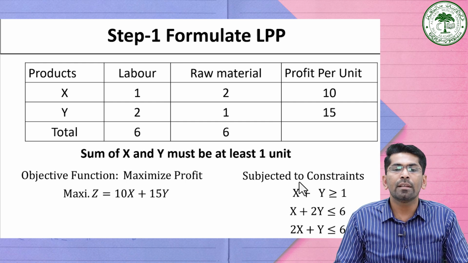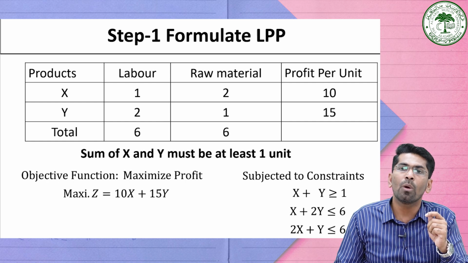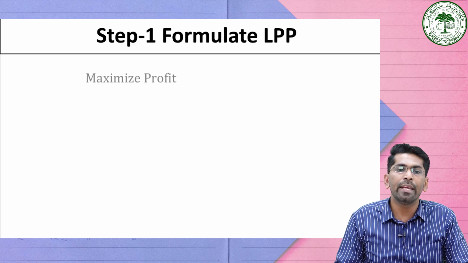Here in the constraints, we have both greater than or equal to and less than or equal to. That's why we say that the given problem is an example of a linear programming problem with mixed constraints. At the same time, we know the decision variables x and y are greater than 0. So maximization of profit is our objective function.